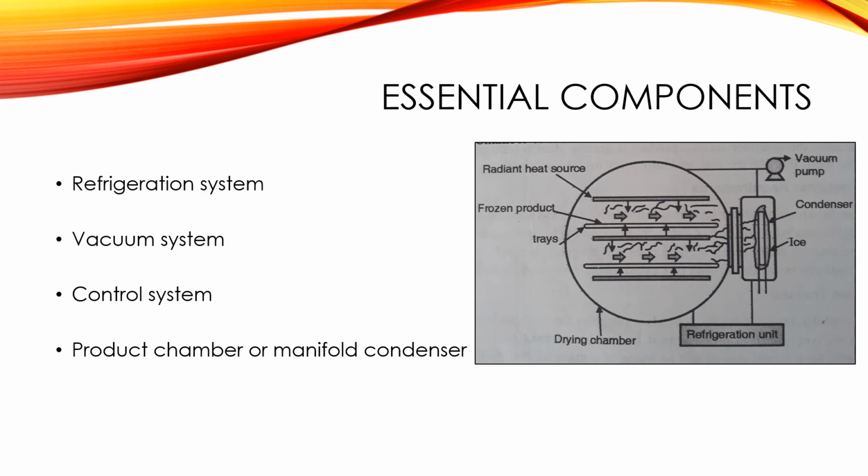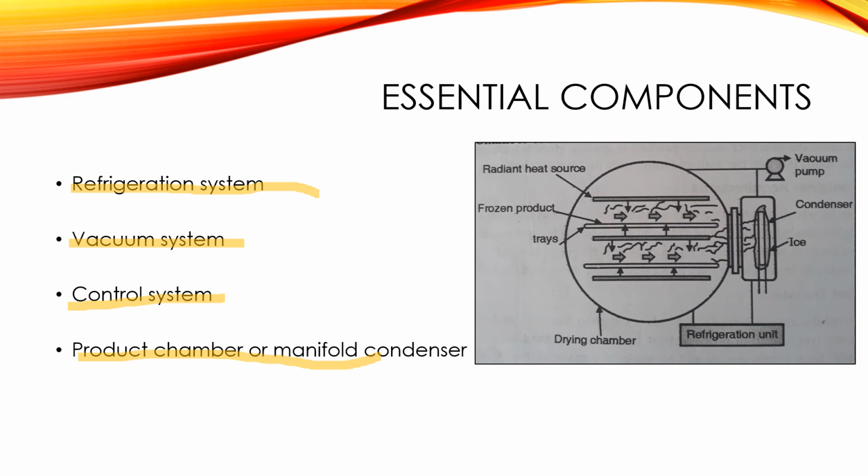Now see, what are the essential or very important components of a freeze dryer? In this figure you can see the various components, and these are the important components: the refrigeration system, vacuum system, control system, product chamber or manifold, condenser. So these are the main components of freeze drying equipment.